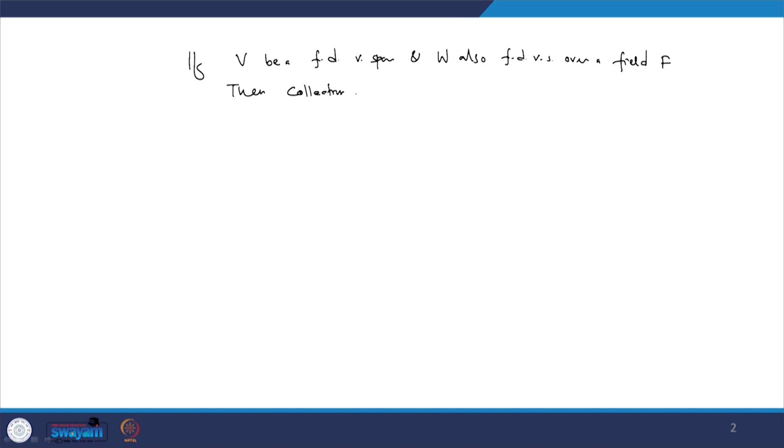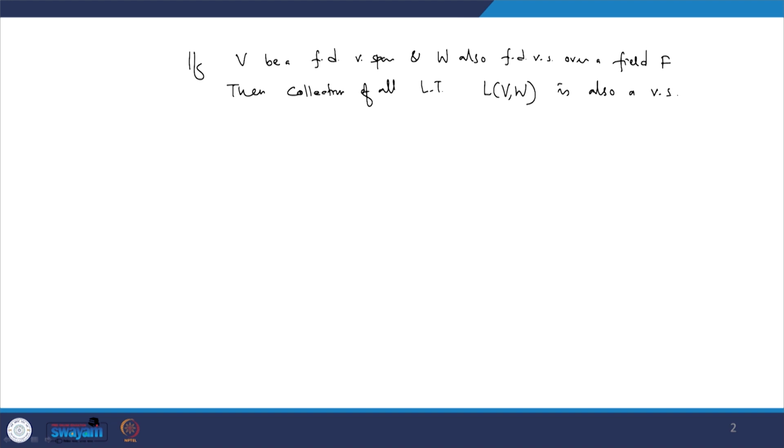We have also seen that if V is a finite dimensional vector space and W is also a finite dimensional vector space over a field capital F, and T is defined, then the collection of all linear transformations, which I have denoted L(V,W), is also a vector space.